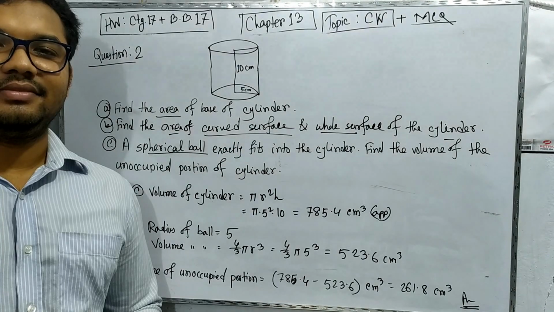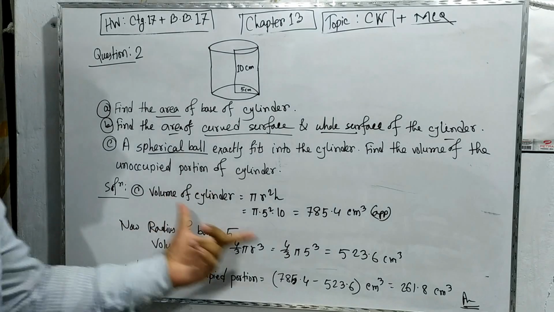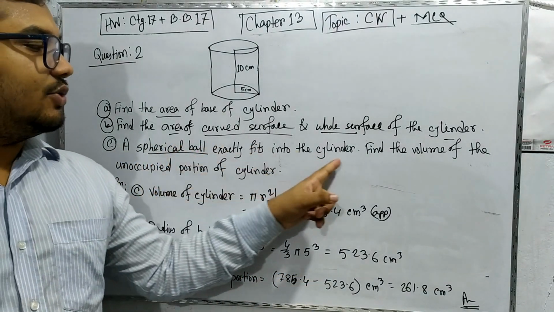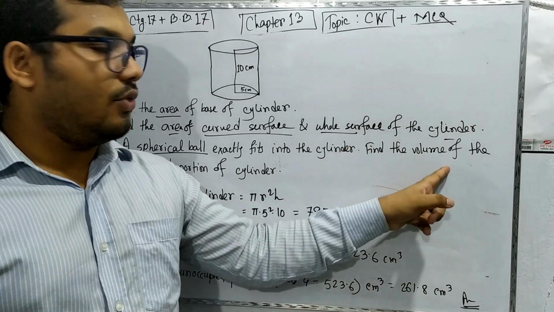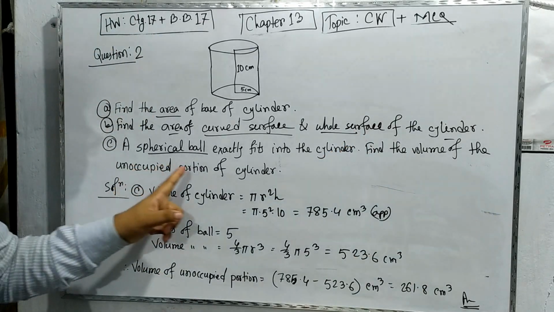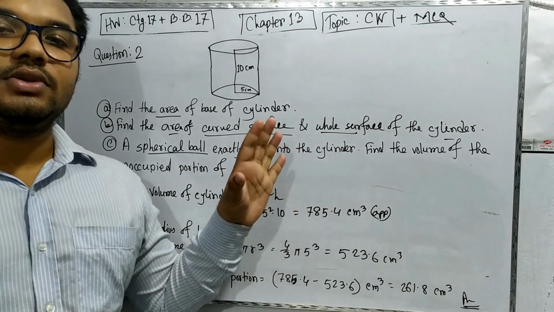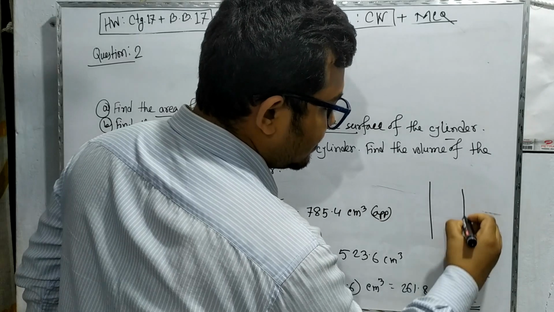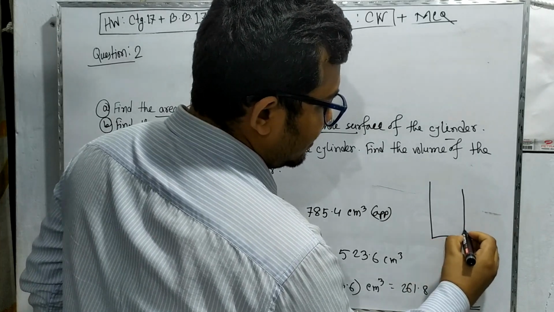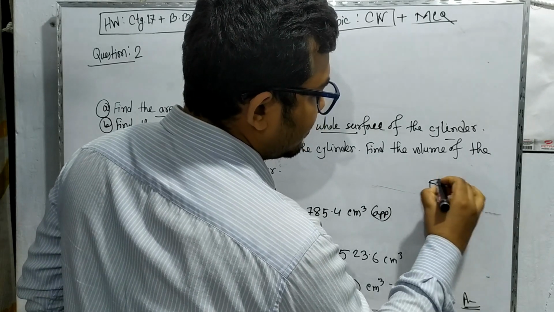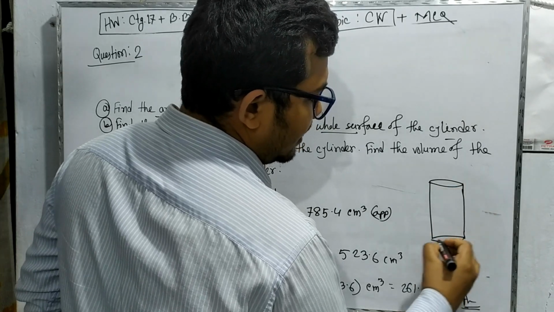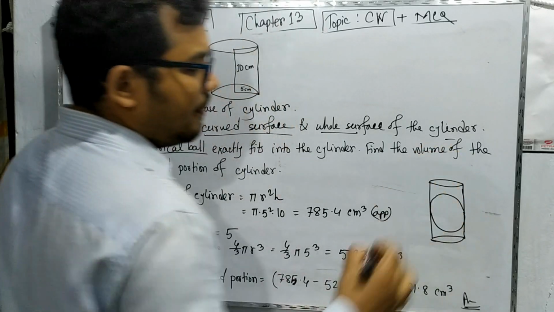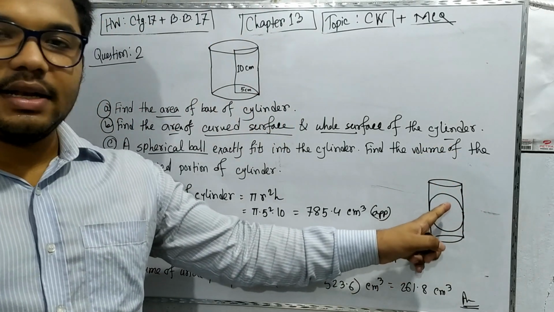Okay. So now our final question, question number C. A spherical ball exactly fits into a cylinder, find the volume of the unoccupied portion of the cylinder. What are we actually talking about here? Suppose this is our cylinder, and suppose this is our ball, and this ball is exactly fitted.